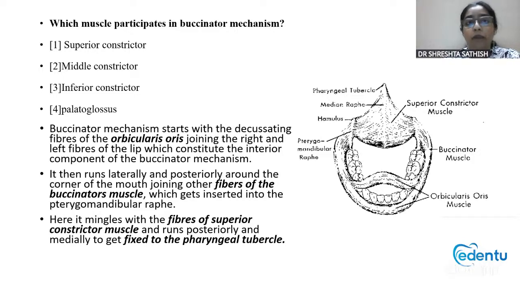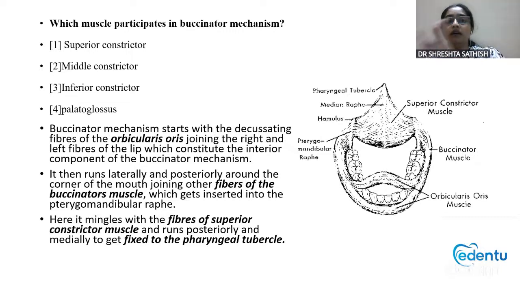Which muscle participates in the buccinator mechanism? So the buccinator mechanism basically starts from the fibers of the orbicularis oris, which join with the fibers of the buccinator. From there, it goes up to the fibers of the superior constrictor muscle and then fixes into the pharyngeal tubercle.